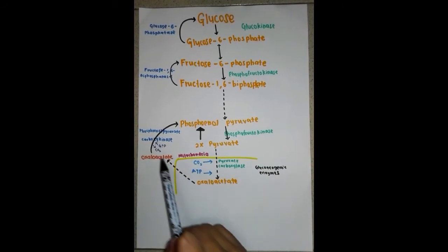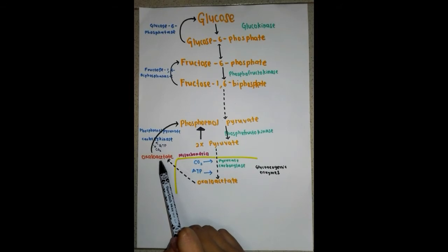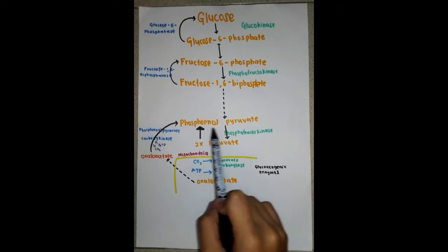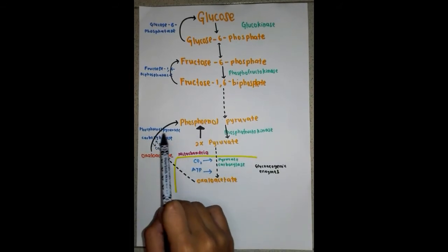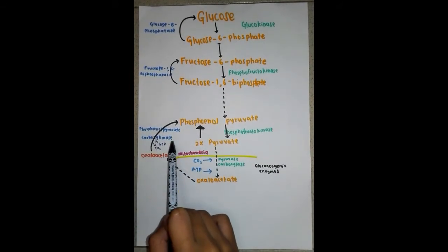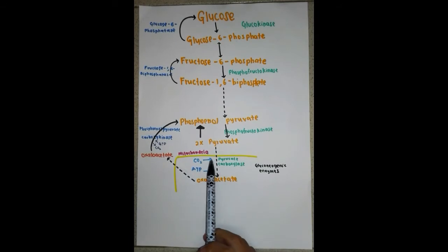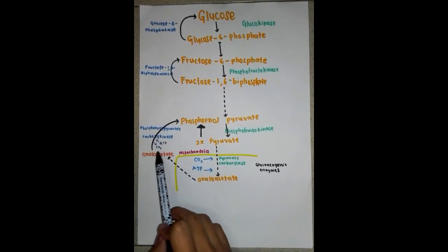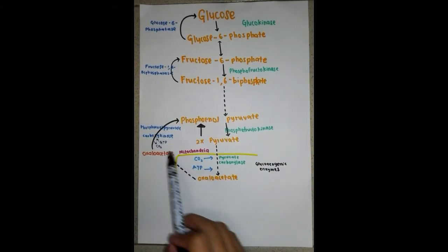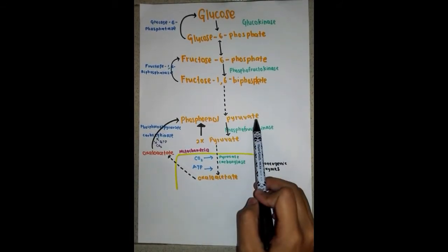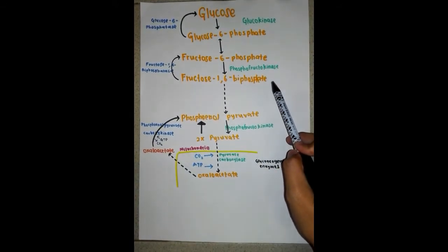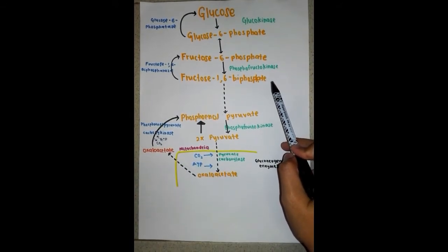Oxaloacetate is transferred back to the cytoplasm, and this oxaloacetate will be converted into phosphoenol pyruvate by the enzyme phosphoenol pyruvate carboxykinase. In this reaction, GTP acts as the phosphate donor and carbon dioxide is released back. Phosphoenol pyruvate then is converted into fructose 1,6-biphosphate since the reactions are reversible.